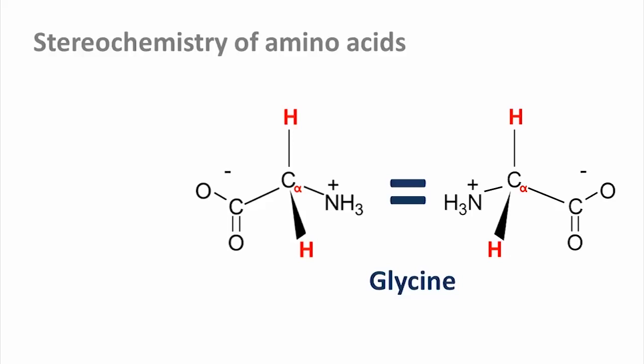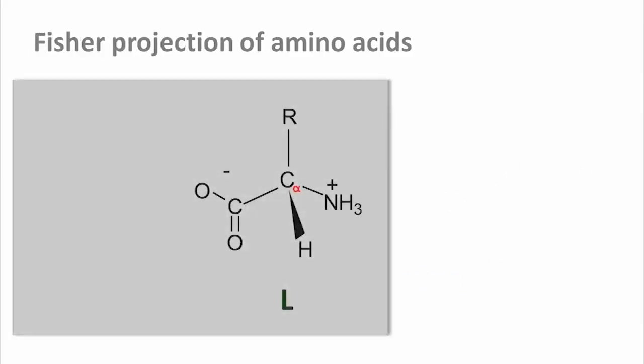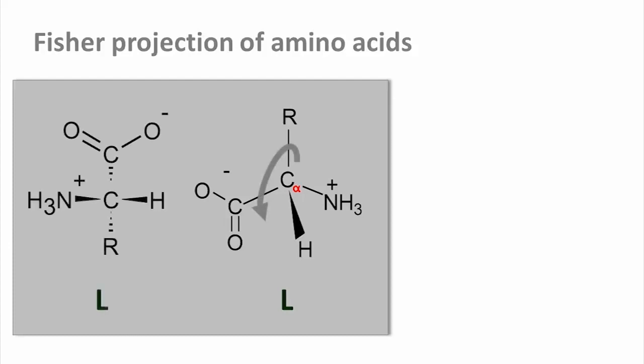To indicate in a more systematic way which configuration the residues have, we sometimes use the Fischer projection. Imagine the carboxyl group and the side chain pointing vertically out of the plane of the screen or paper. The amino groups and the hydrogen atom then point towards us. In this orientation, L amino acids have the amino group pointing left, and D amino acids have it pointing right.